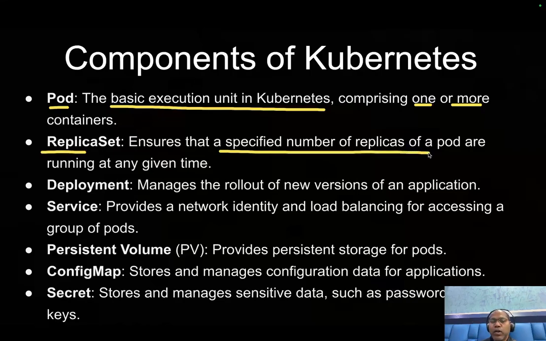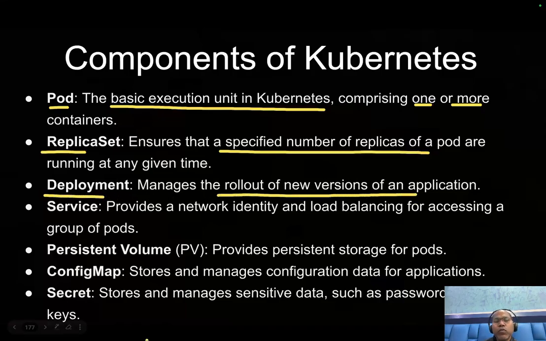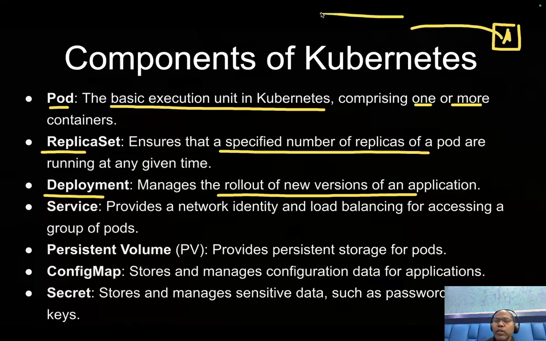So the number of pods we want is specified in a replica set. A deployment manages the rollout of a new version of your application. Whenever you want to deploy any application, we have to create the deployment. The deployment contains all the details of what you want to deploy.